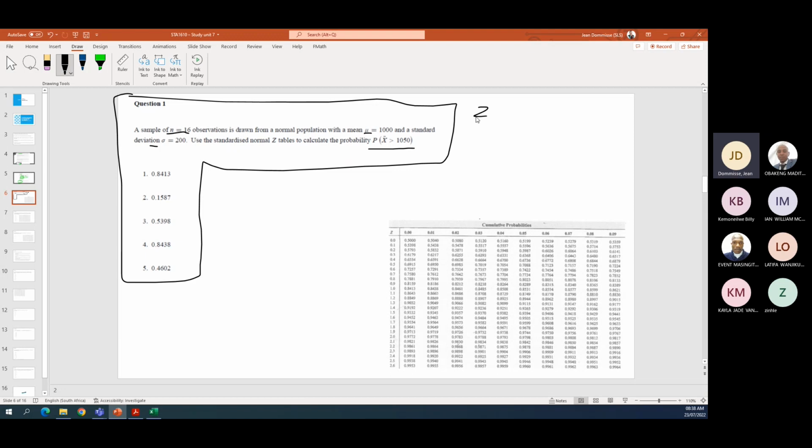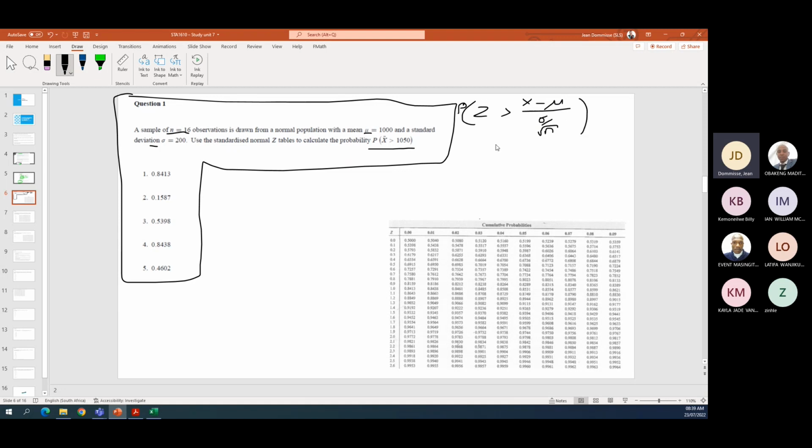So we need to work out actually what is the probability that Z will be bigger than... very important where that square root goes.